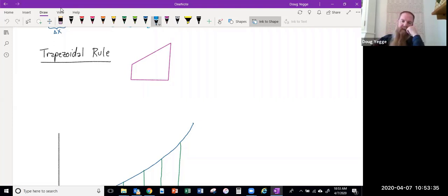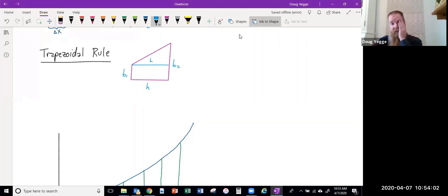And you got to realize here that, first of all, I'm going to call this the height. Even though it's on its side, it's basically the height, because no matter where you are throughout this entire figure, this is still going to be the height, right? And this is going to be one base, and this is going to be the other base.